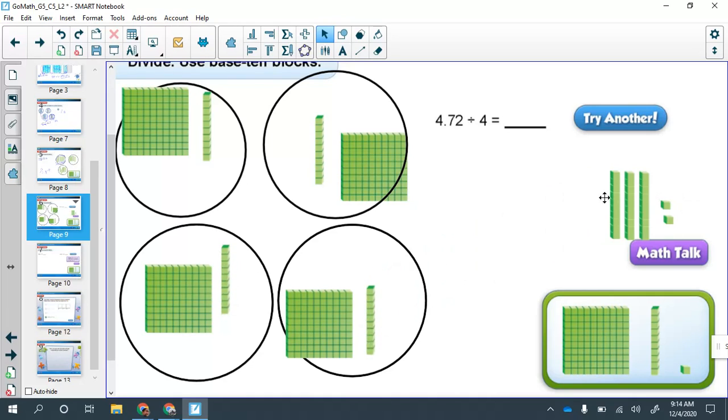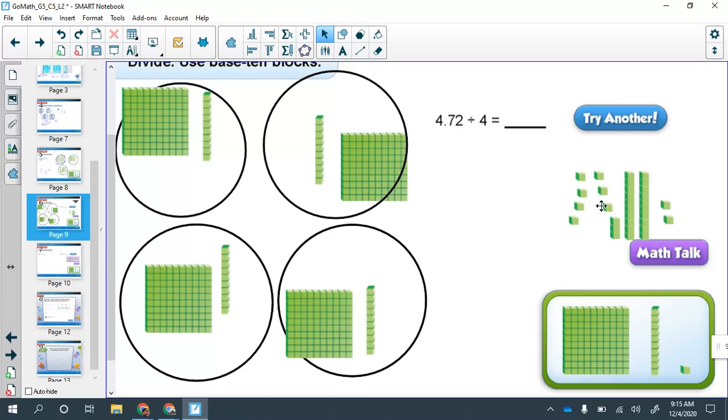And now I get down to this, and now I only have 3/10 left, but I have 4 groups, so I don't have enough tenths left. So I need to take these tenths and break them into their hundredths, right?